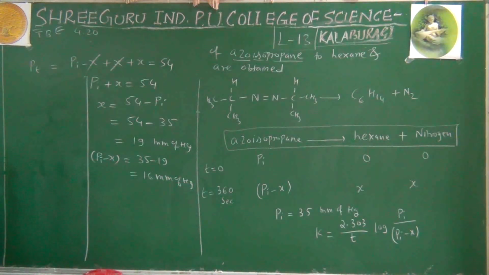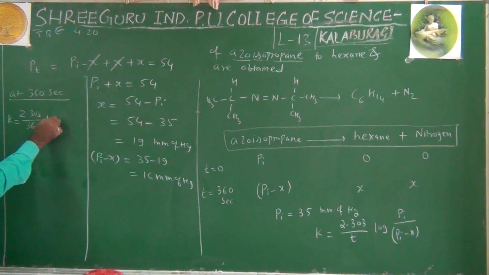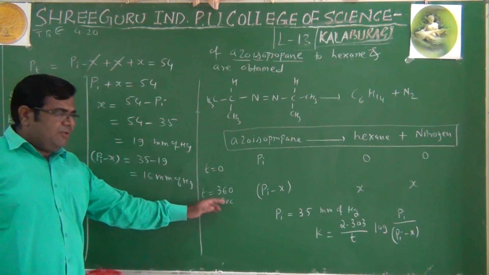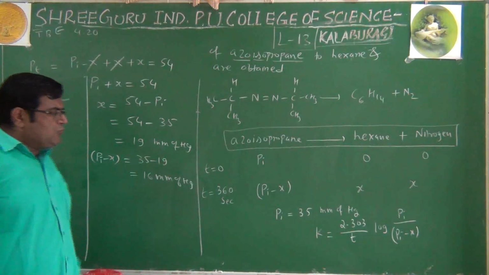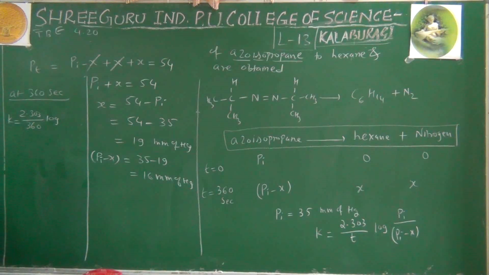So everything is clear now. Now we can say at 360 seconds, k equals 2.303. Time is 360 because that's what we have mentioned. We are using this rate constant for time t equals 360 seconds.